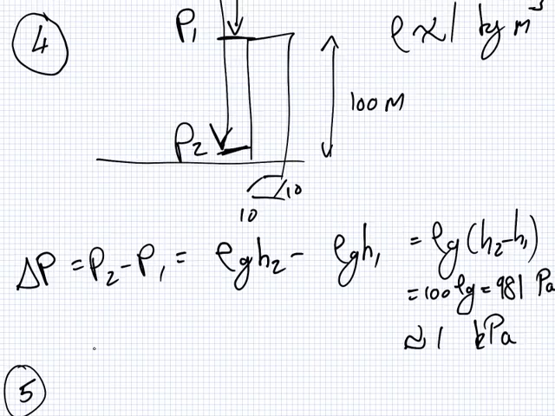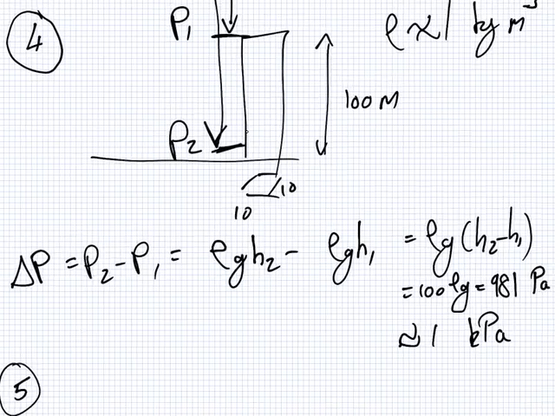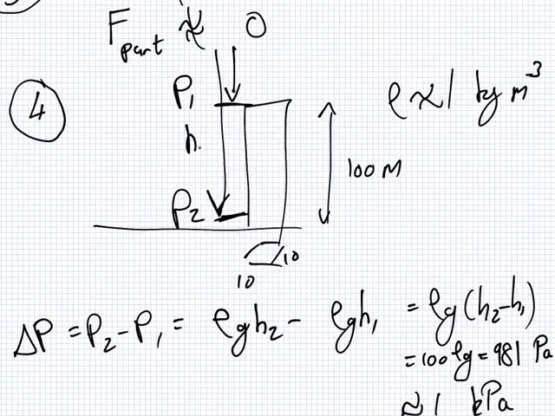Why what? H1 is 100? Well, this is H2, and this is H1, the sky. Because remember, the H in the formula is how far down you are in the gas. I don't know the P1 and P2, the different pressures at the different heights.